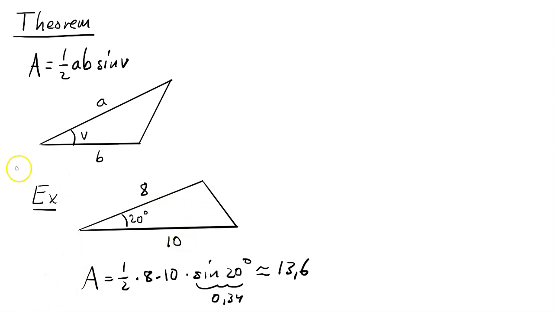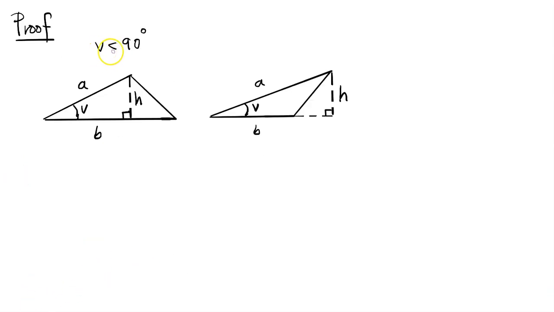Let us now prove this theorem here. If we have an angle smaller than 90 degrees, the triangle can look either like this or like this. So in these two different ways. In either case, we have that sine of V, that's this height, or in this case, this height, because here we have a right angle triangle.